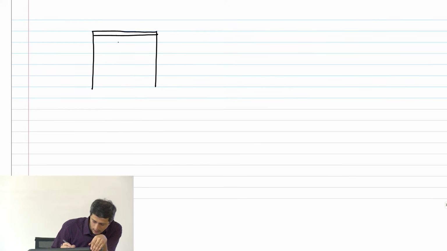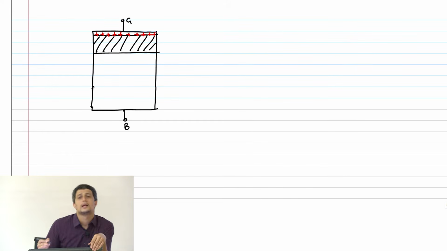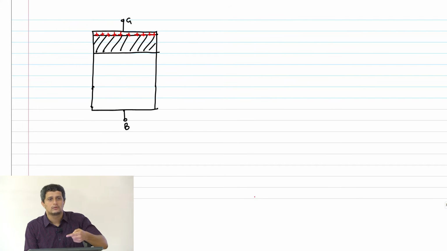Okay, this is my metal, I have my oxide, and then I have my semiconductor. This is gate, body. So now I get some positive charges on this metal gate here, and now I want to get some negative charges on the other side of the oxide, so that I can terminate this electric field because of the positive charges there.